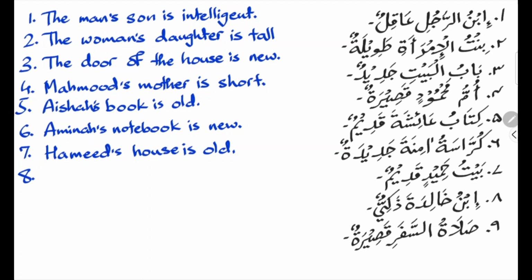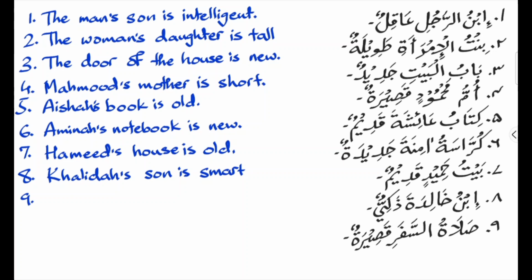Number 8, Ibnu Khalidata Zakiyun. Ibn is mudaf, Khalida is mudaf ilayh. That whole thing is a mubtada. Khalida's son is Zakiyun, smart.